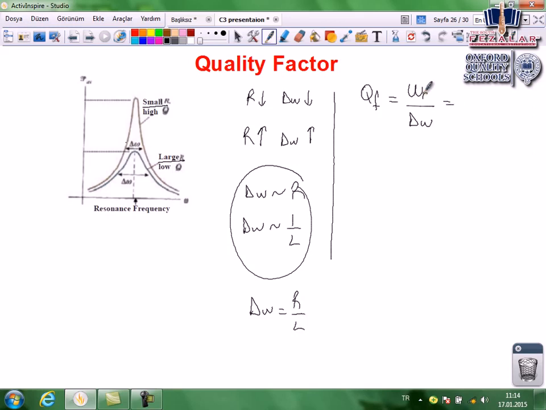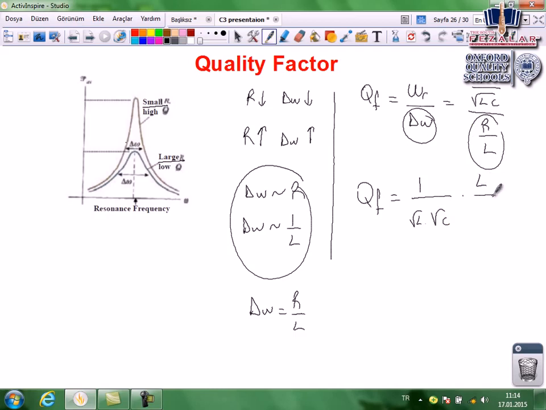Omega R, the resonance frequency, is 1 over root of LC, and change in omega is R over L. Now the equation becomes 1 over root of LC times L over R. Let's write L as root L times root L, because this product gives us L. Now this root L and root L will simplify each other, and the formula will be quality factor is root L over root of C times R. So finally we write the equation as 1 over R times root of L over C.